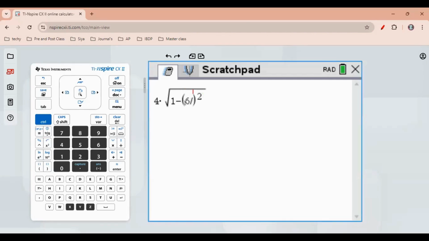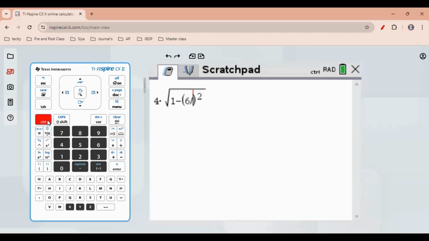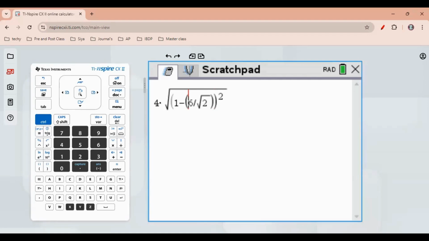So 6 by square root of 2: Control and then the square root symbol and then 2. Again, let's use a bracket, otherwise this will confuse, like for 6 by root 2.